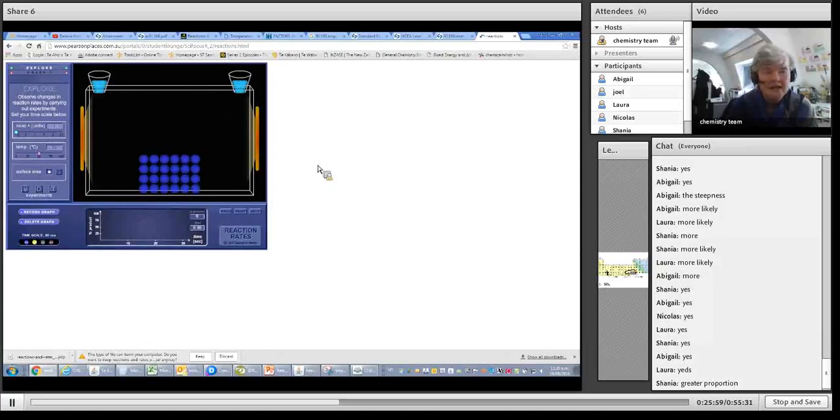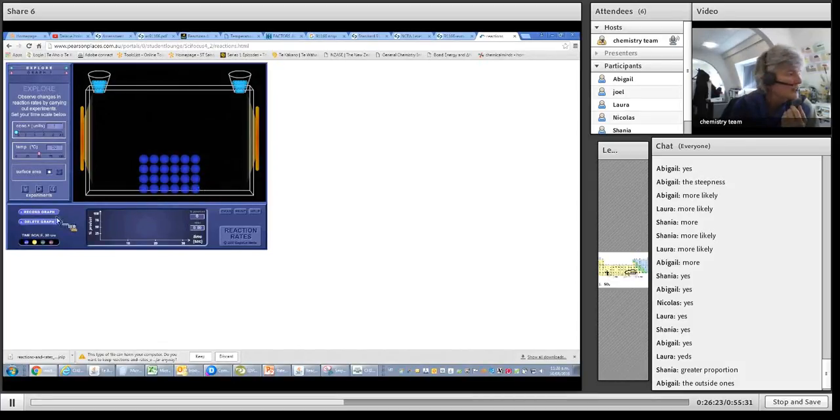Because if you can imagine, if I've got a block like this, how many of those particles will be able to be involved in collisions? Will it be all of them or only those on the edges, the outside ones? Correct, Abigail. So I've only got those that can collide.